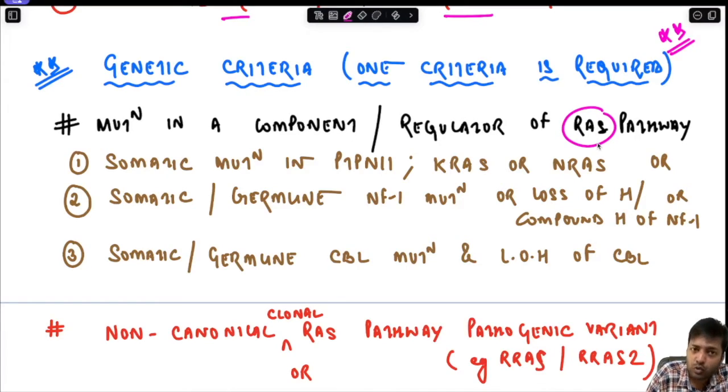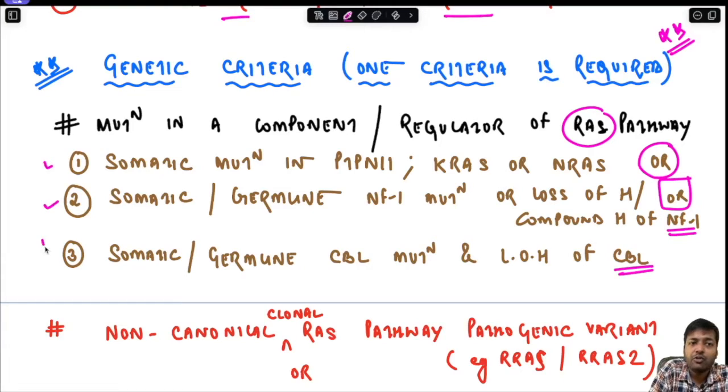Either there should be a somatic mutation in PTPN11, KRAS or NRAS, or there should be a somatic or germline NF1 mutation, or loss of heterozygosity or compound heterozygosity of the NF1 gene, or there should be a somatic or germline CBL mutation and loss of heterozygosity of CBL. So out of these 3, any one should be present.